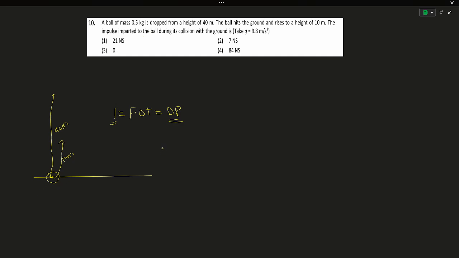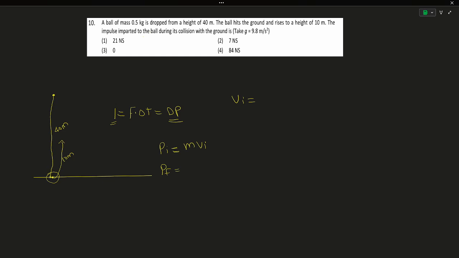So we have to find two momenta, initial momentum Pi before the collision and final momentum Pf after the collision. What will be the velocity when a ball is dropped from some height?